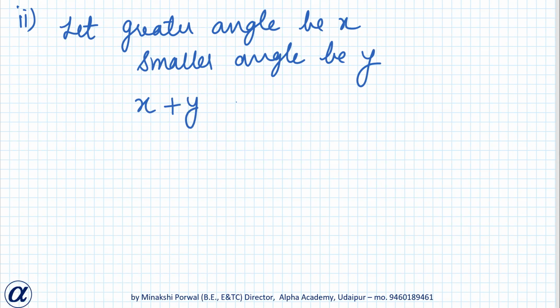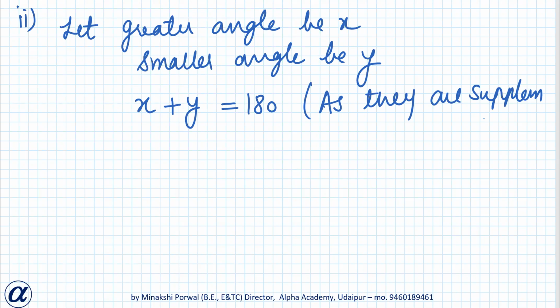So x plus y equals 180. This is as they are supplementary. Okay. Then larger exceeds the smaller by 18. So x minus y equals 18. This will be equation 1, other will be 2, and this you have to solve.